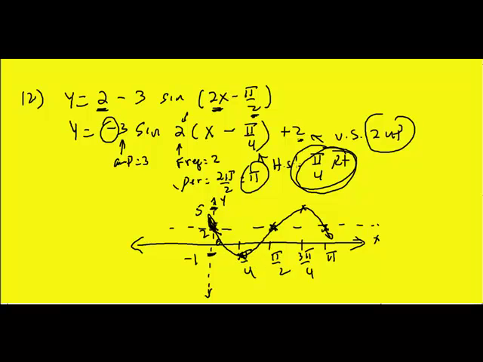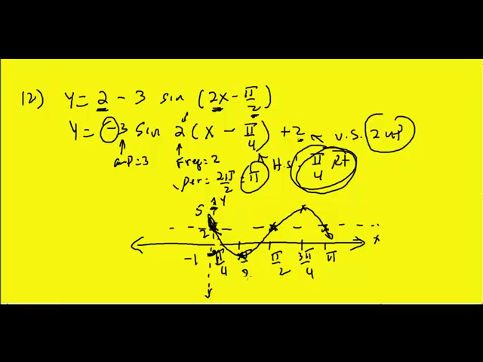Now I'll show you what's easy. If I added 0 to pi over 4, what does that turn into? Pi over 4, right? So this is going to be pi over 4. Now what is pi over 4 plus pi over 4? Pi over 2. It's going to be pi over 2.